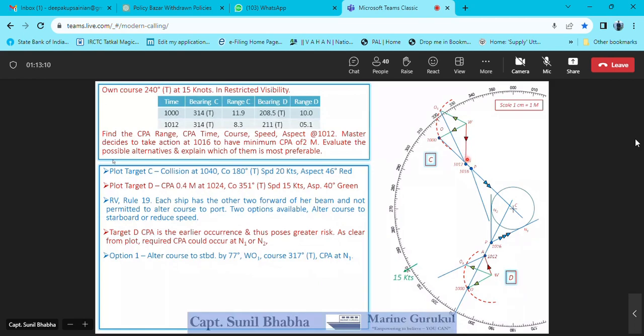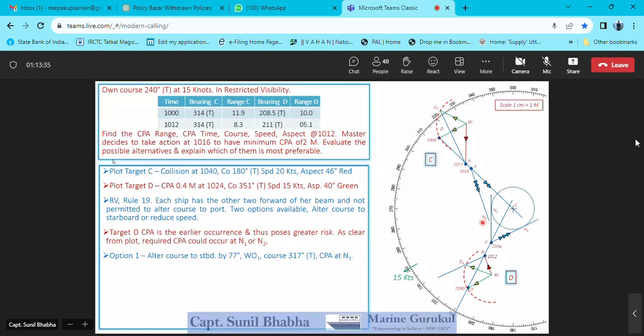You can see 3 arrows coming up. These 3 arrows show the new line of approach after the action is taken. Now our CPA will be occurring at this particular point, November 1 here. You can drop a perpendicular from Charlie to this new relative line of approach for target C, and this meets here at the November 1 point.